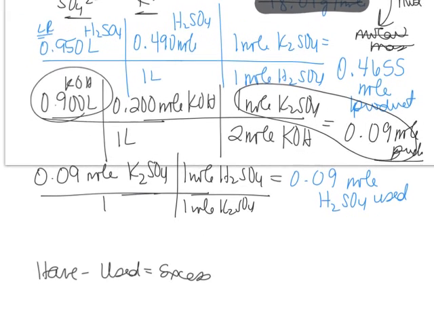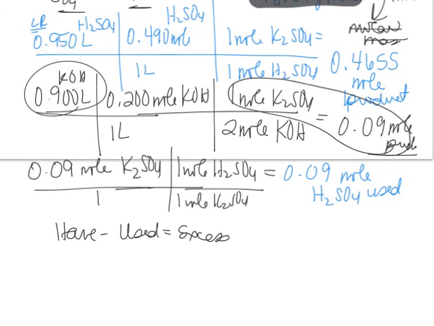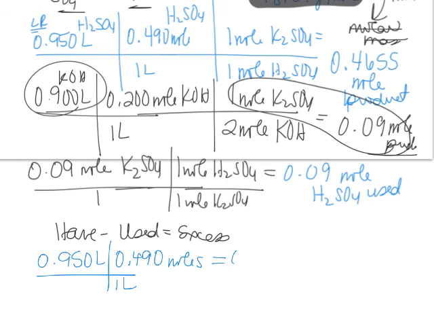So the have would be right here, which we're going to have to go back and get. What we have is 0.950 liters of sulfuric acid, and for 1 liter we have 0.490 moles, and that equals 0.4655 mole of sulfuric acid.